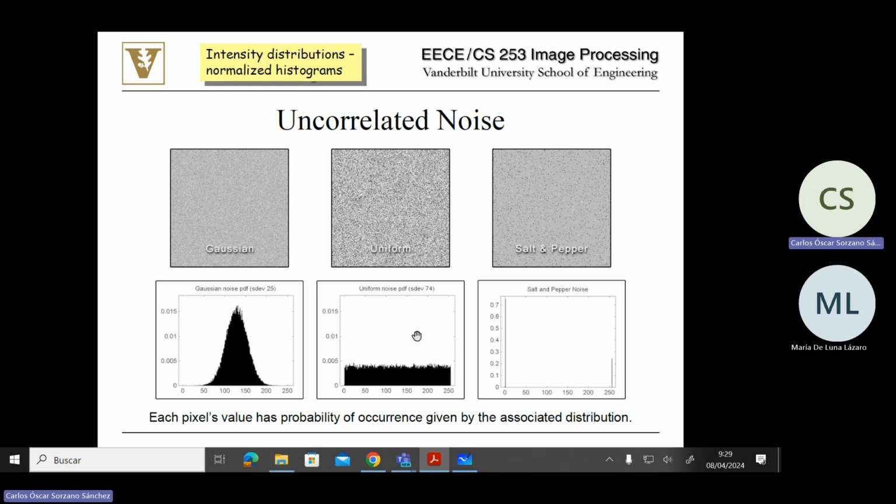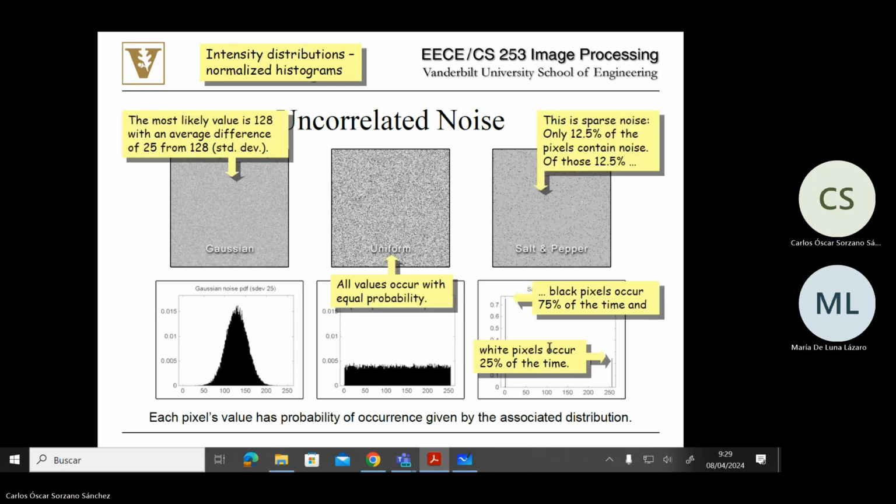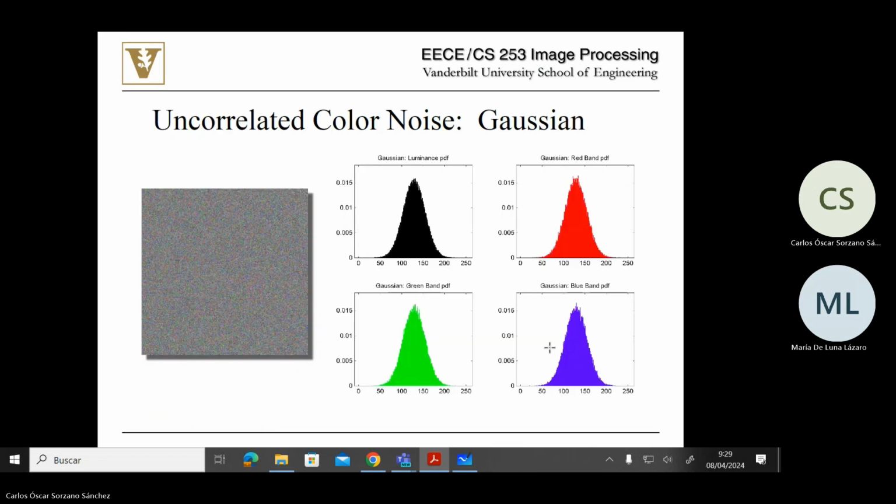Okay, so this is how Gaussian noise looks like. This is the probability density function of the noise, for the Gaussian, the uniform, and the salt and pepper. And the same for color images. You can have Gaussian noise in the three channels, red, green, and blue.